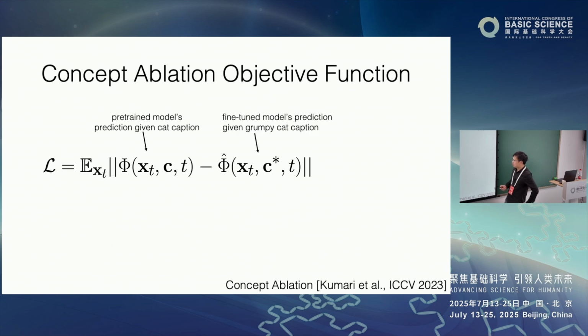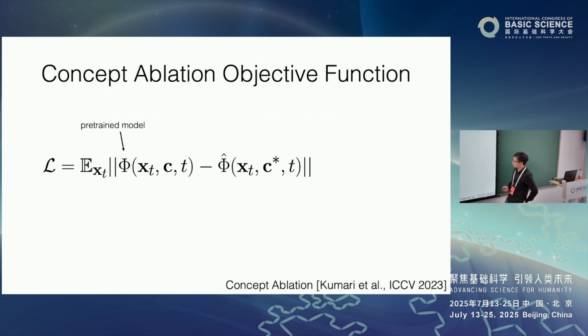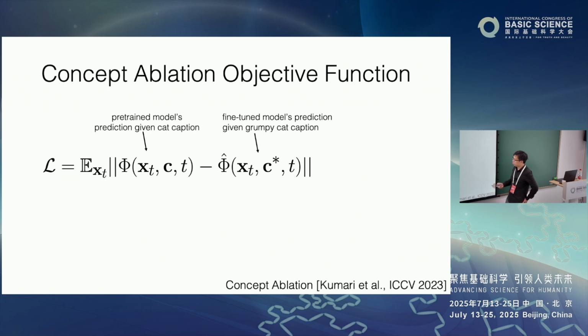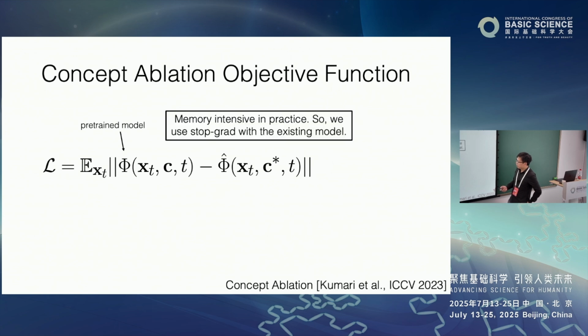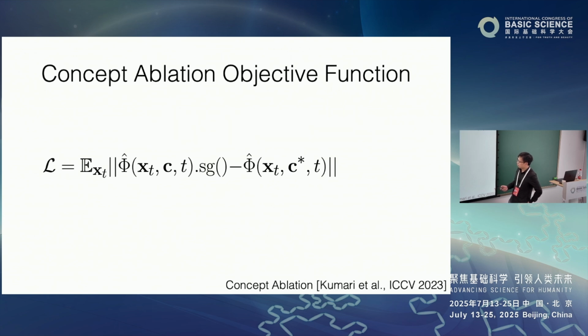Basically, if you feed cat captions to the pre-trained model, the network should output something similar to what you get when feeding the grumpy cat captions to the fine-tuned model. Since this requires loading two models, we make it simpler by replacing the pre-trained model with the fine-tuned model with stop gradients. So we only need to load one model to the GPU memory. But if you have a very big GPU, you don't need to do that.